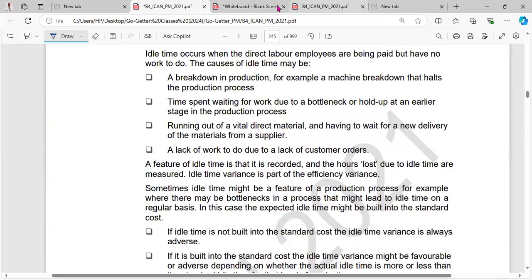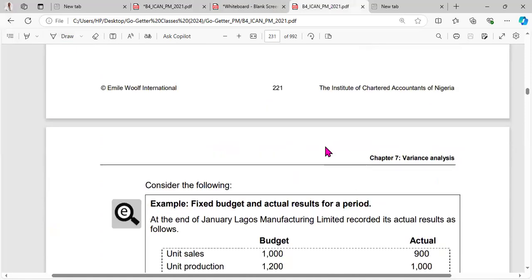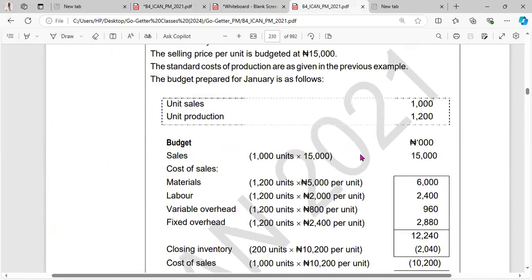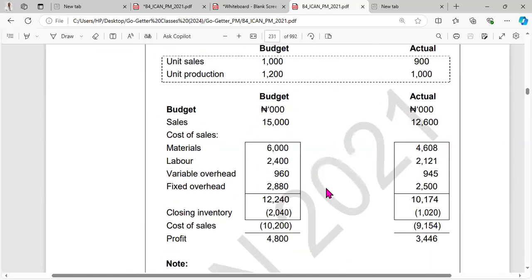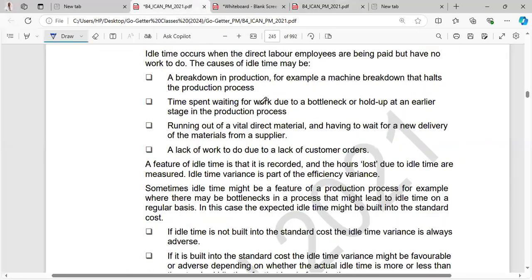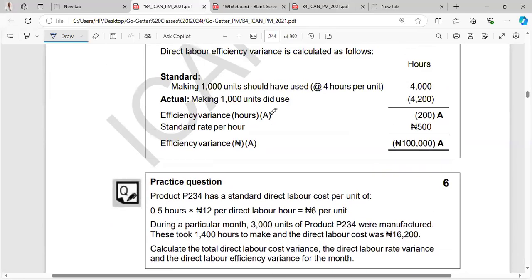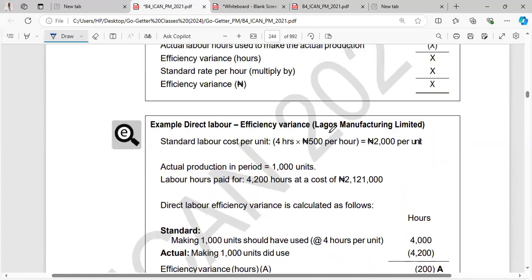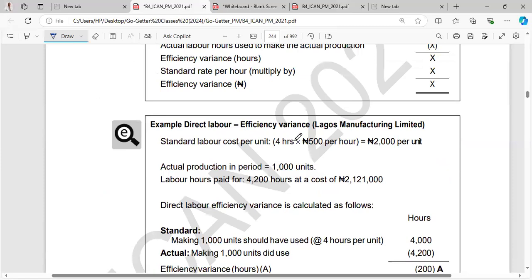So where did they get that 4,100 hours? Let's see here. Trying to see where we would have gotten the 4,100 hours. Okay, look at the example here.